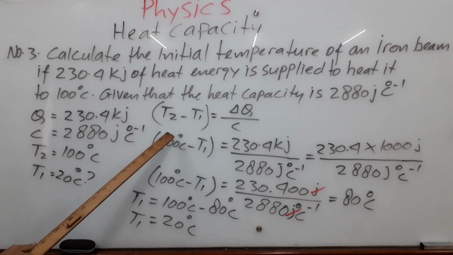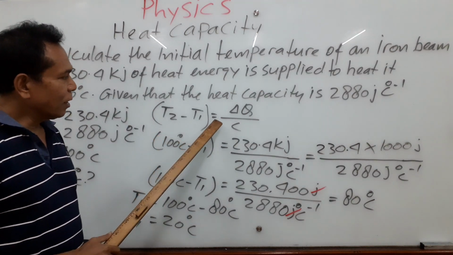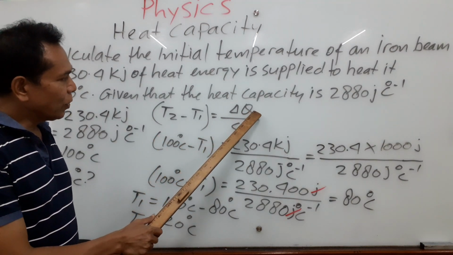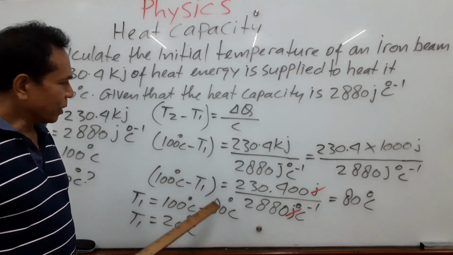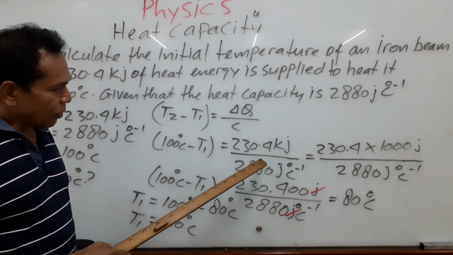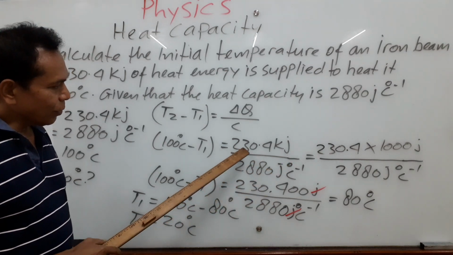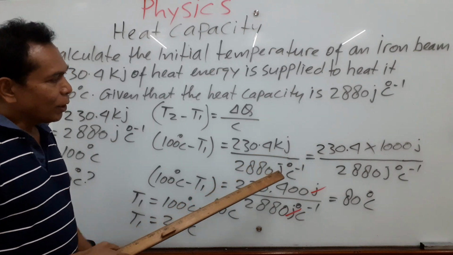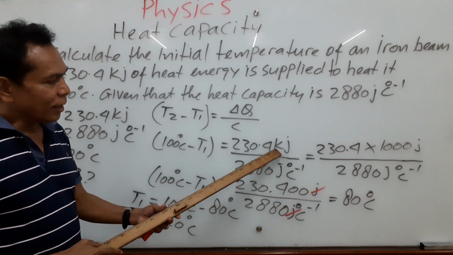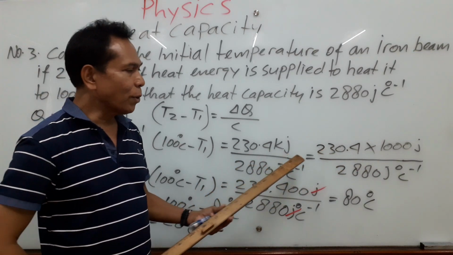Now we use this formula, so T2 minus T1 equals Q over C, heat energy over heat capacity. Okay, these are the numbers, so 230.4 kJ, we convert this kJ to J, kilojoule to joule.